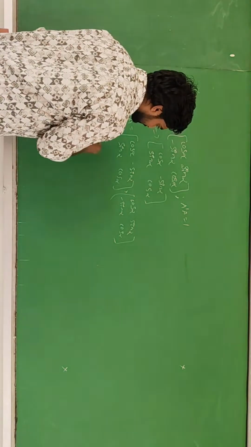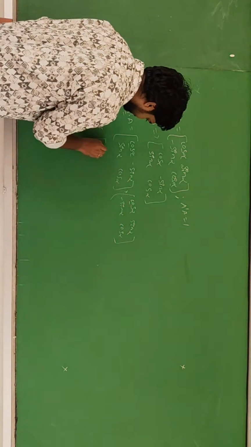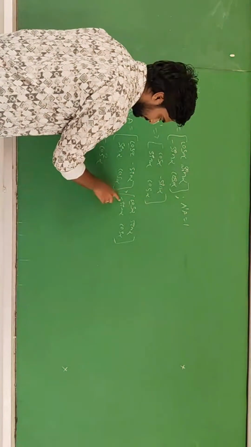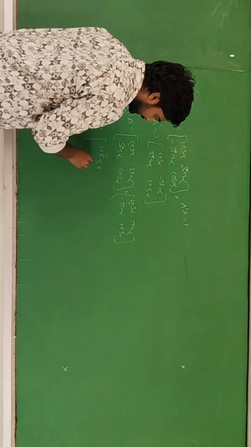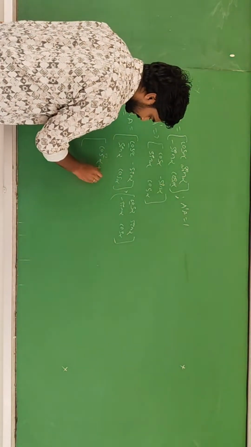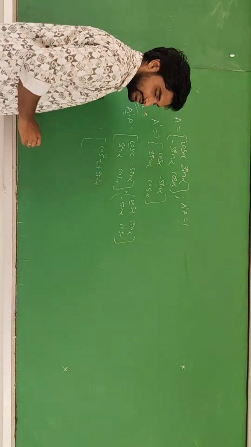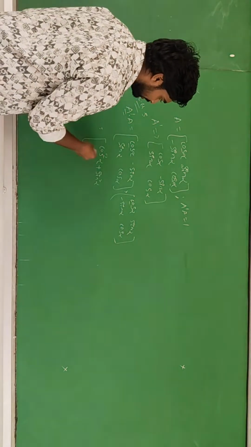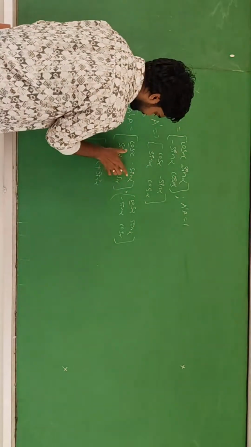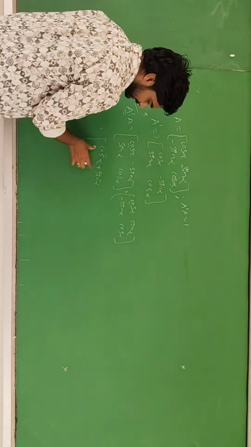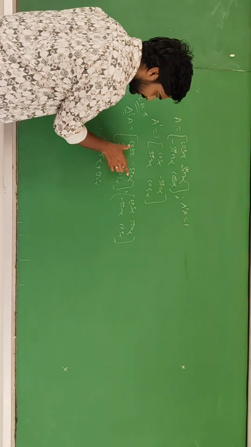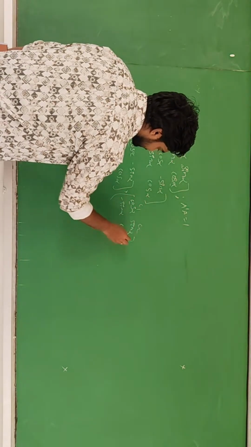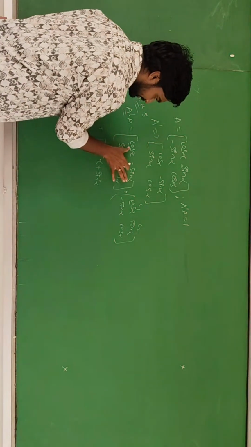Clearly, the matrix becomes cos alpha into cos alpha, that means cos square alpha. Here minus into minus becomes plus, sin alpha into sin alpha becomes sin square alpha. Now this is the first row first column. Now we go with the first row into the second column, this is C1 and this is C2.